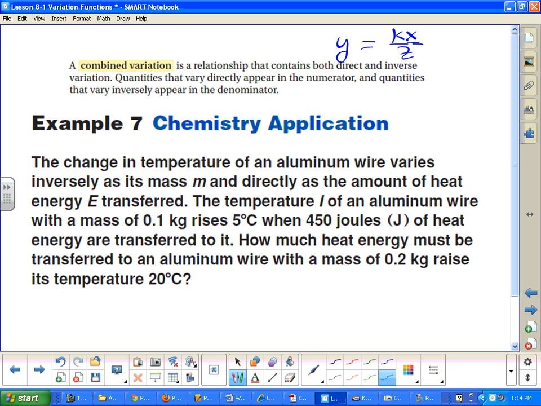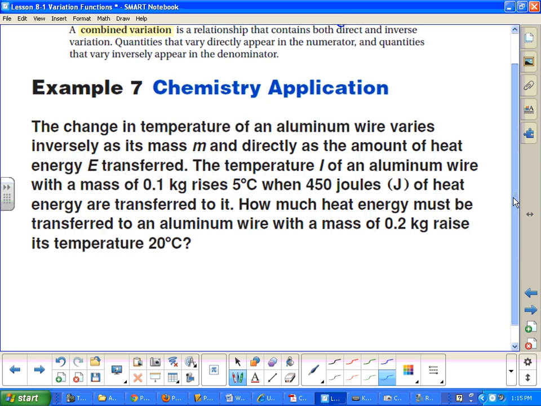K is the constant of variation. Since x is in the numerator, that means it varies directly or inversely? Okay, directly. And z is in the denominator, which means it's going to vary inversely. So anything that varies directly will be in the numerator. Anything that varies inversely will be in the denominator.